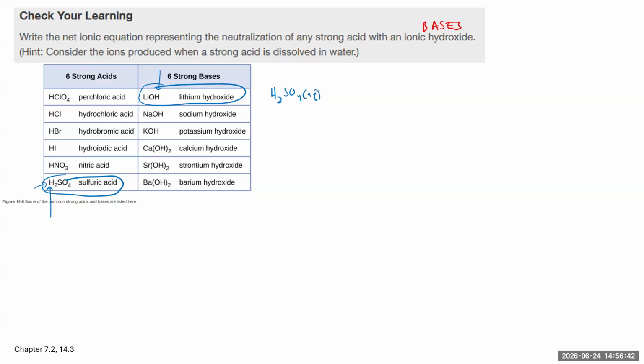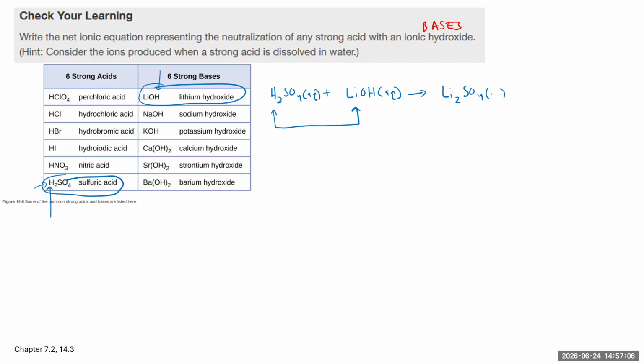H2SO4 aqueous plus LiOH aqueous. Swap cations. It becomes lithium sulfate, sorry, not lithium 2.